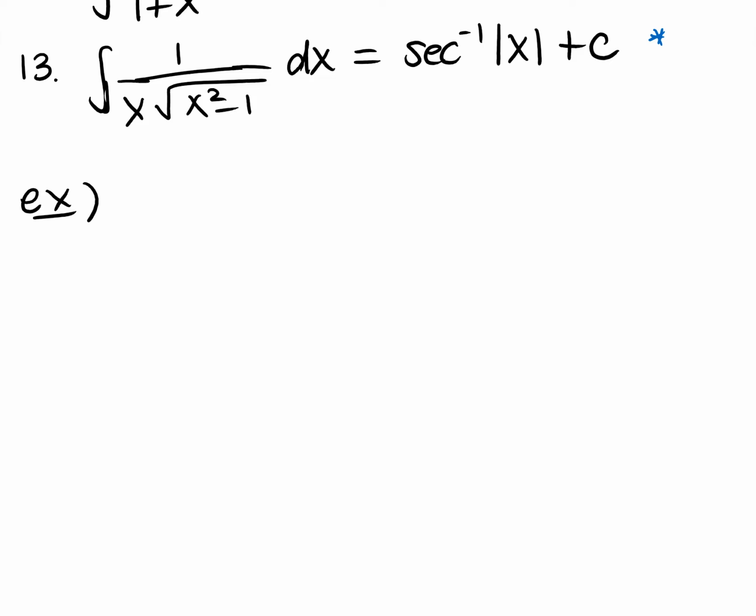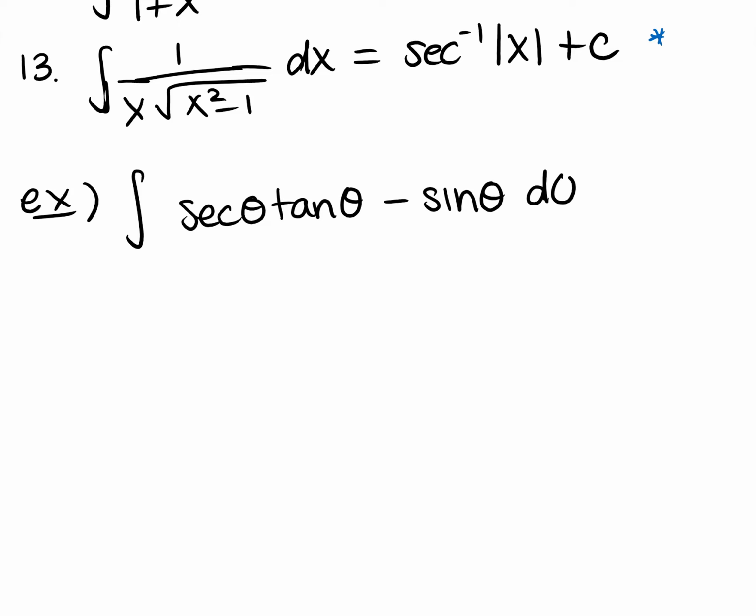couple quick examples. Okay, so let's look at something like this maybe. How about secant theta tangent theta minus sine theta d theta. All right, so what function when you take the derivative of it gives you secant tangent?